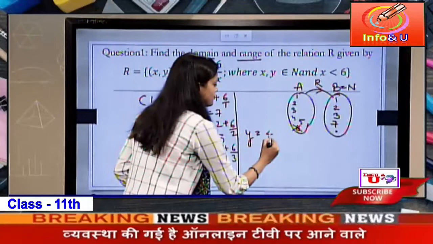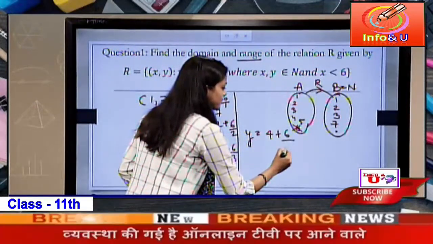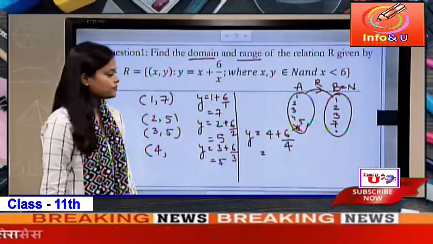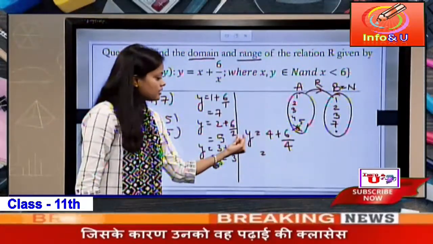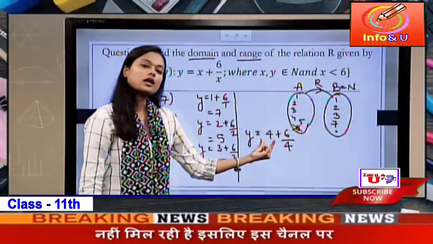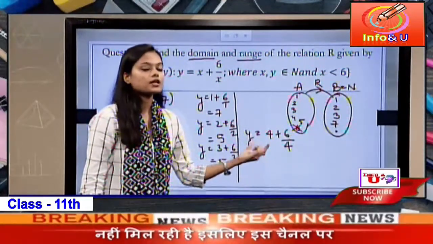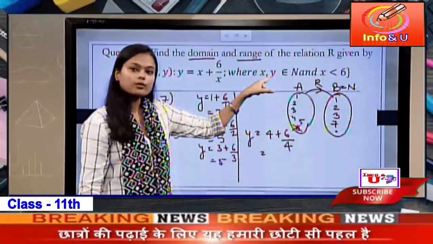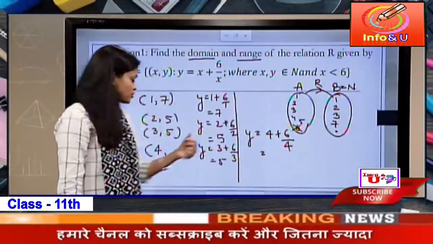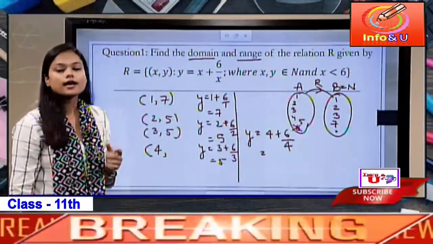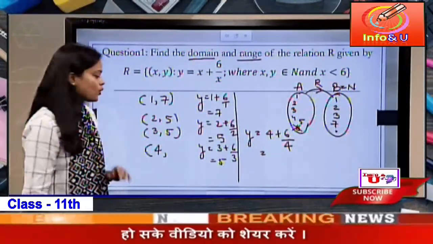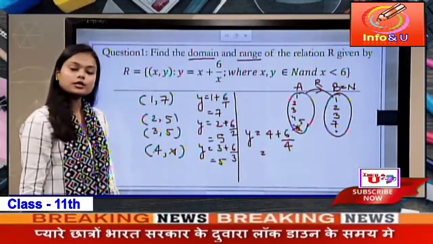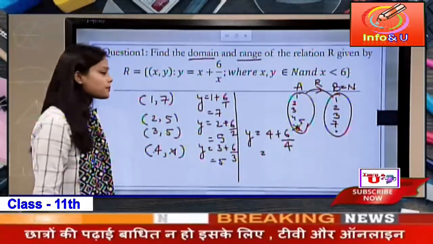Y is equal to 4 plus 6 by 4. You can see that Y is not coming out to be a natural number. It is coming in fractions. And we know Y is always a natural number. So 4 will not have an image. So 4 is not related to any element.